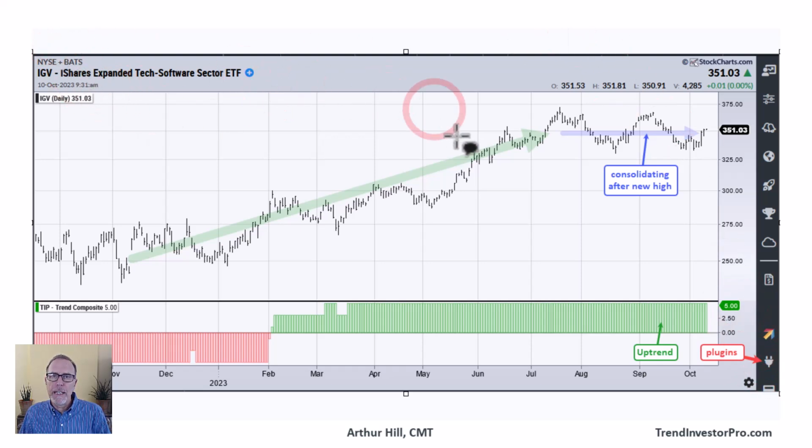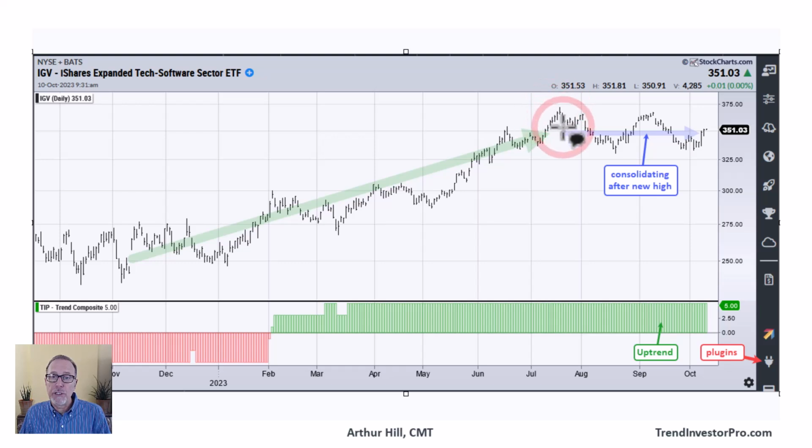Now, if we turn to the actual price action, you can see there's an advance that started in November. The trend composite is made up of trend following indicators, and those typically lag. But you can see when we got this breakout in late January, early February, it coincided with the trend composite turning bullish. And so we've been on an uptrend since that breakout, and we had a 52-week high there in July.